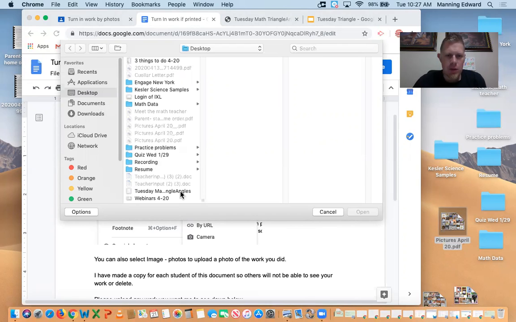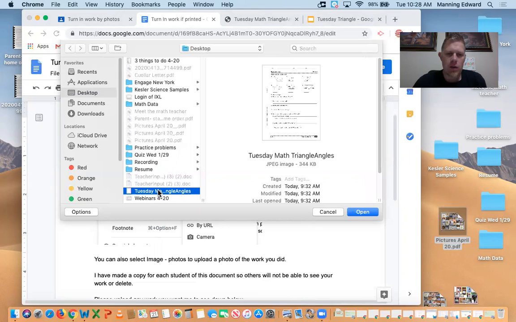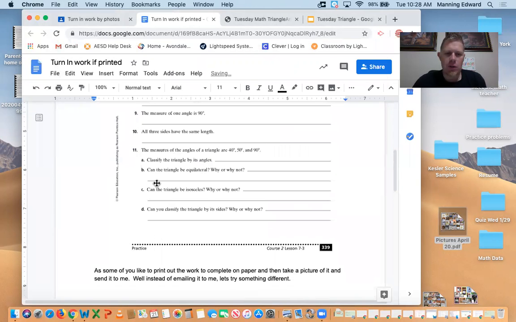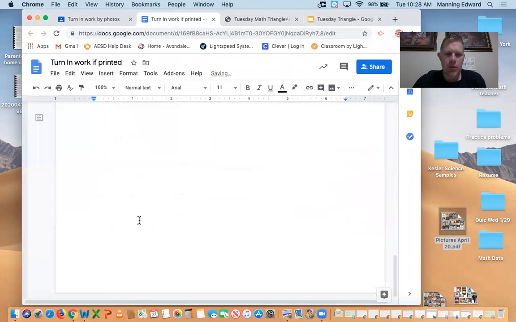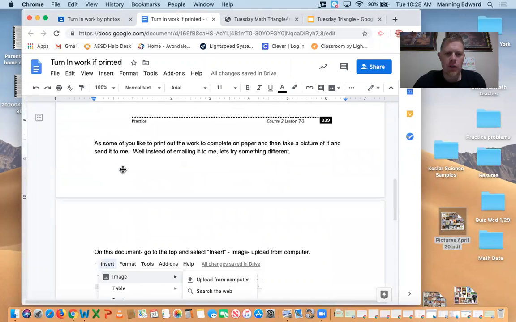So you're going to have to make sure that your paper is a JPEG. Don't save it as a PDF, because look, with PDF I can't put it in there. So I got this one. This is basically the assignment that we're doing for today. So I could go ahead and click that. Say I already took a picture and I wanted to insert it. Now you can put it at the top, you can put it at the bottom, whatever you feel you want to do.